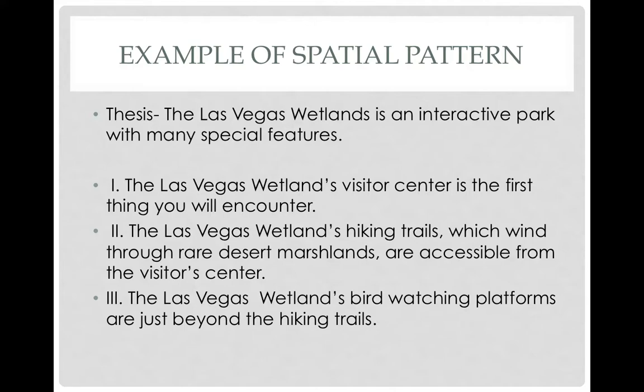Now, this example is literally talking about a place, but you can use spatial pattern to talk about a topic that's not directly the space, but might be something that happens in the space. Here's an example. If you were giving a speech, let's say, on cuisine of the world, well, the different types of food are typically organized geographically.